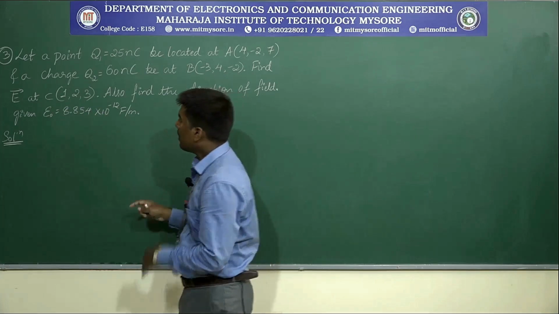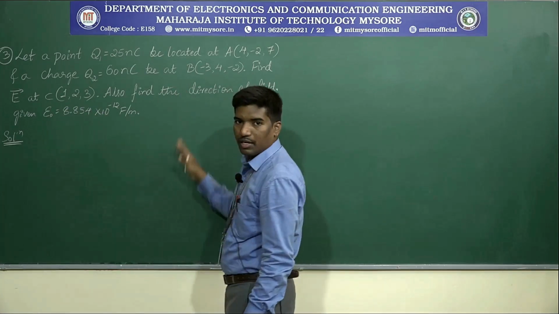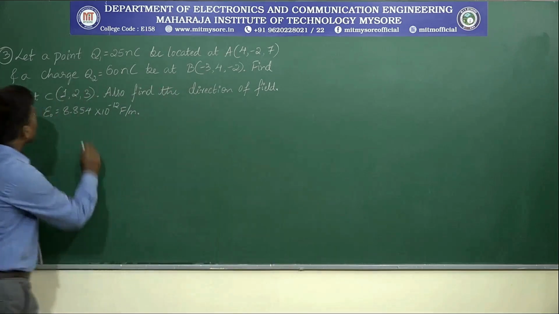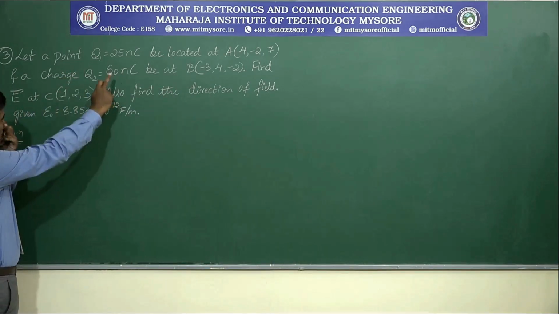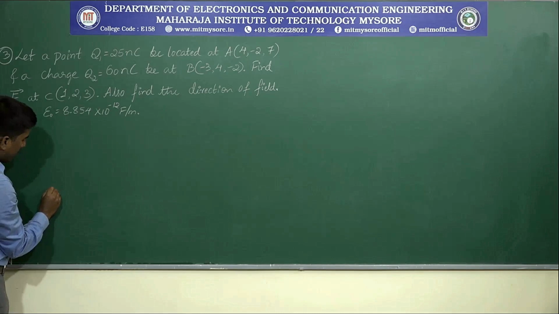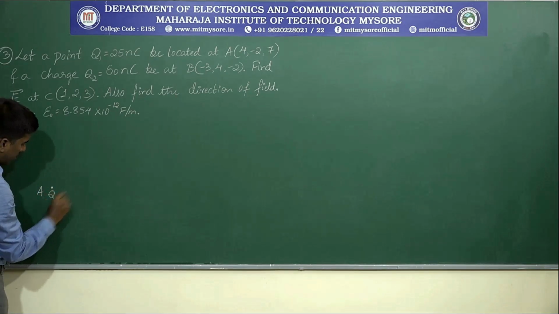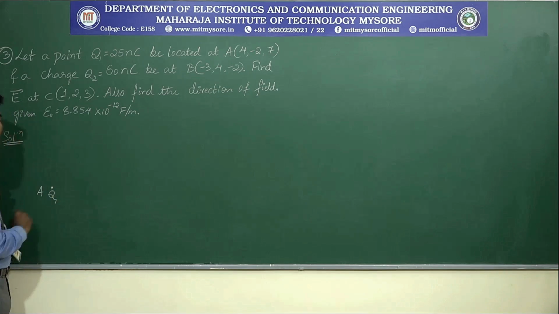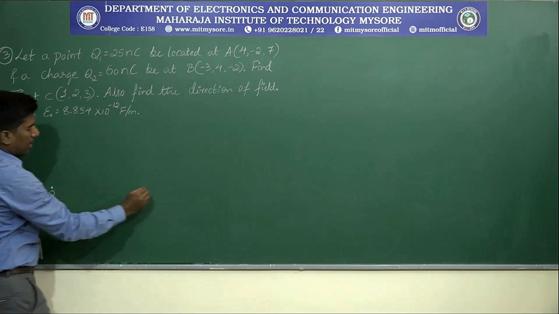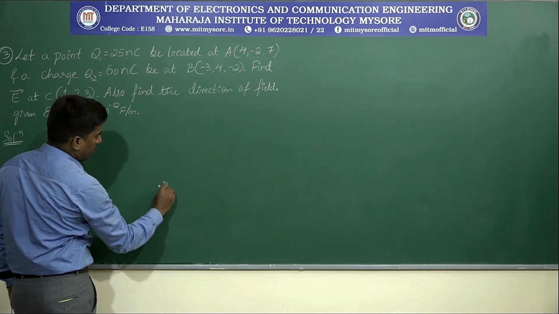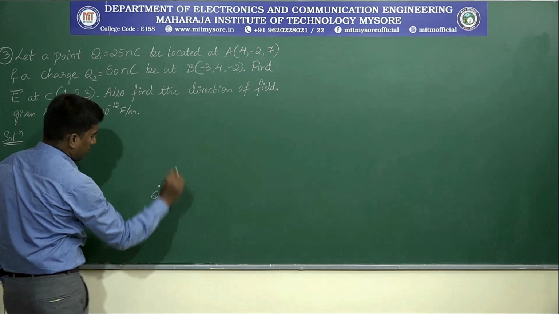Okay, so let us describe the problem statement based on the diagrammatical representation. Let a point charge be located at point A with charge named Q1. Another point charge is located at point B, which is Q2.